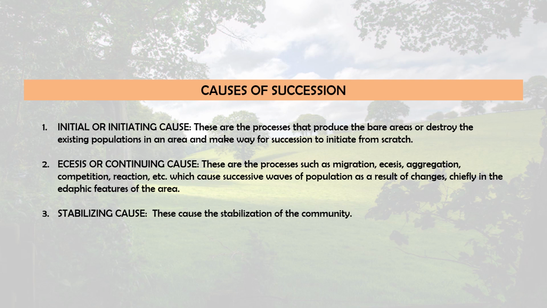Initiating causes are the processes which produce bare areas or destroy the existing populations in an area and make way for succession to initiate from scratch. These include climatic factors like wind, fire, etc., or biotic factors like activities of various organisms, like grazing and all.